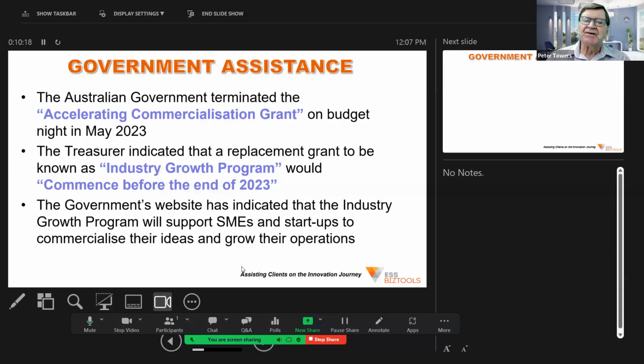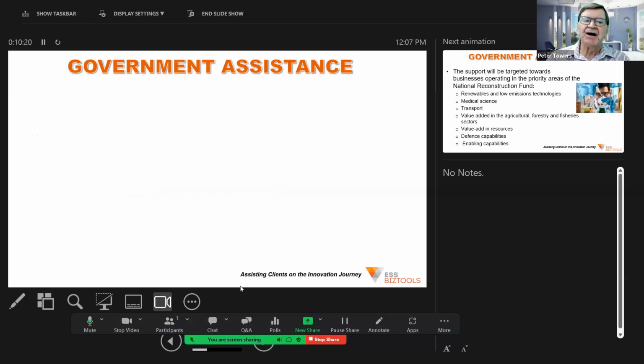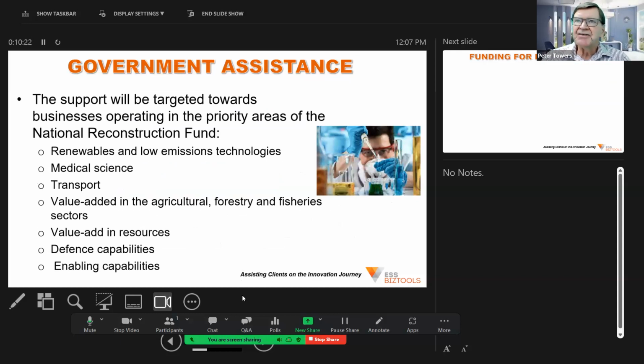The government's website is the only source of information that I have, and it indicated that this new grant will be targeted at the priority areas of the National Reconstruction Fund, which is an initiative of the current government.